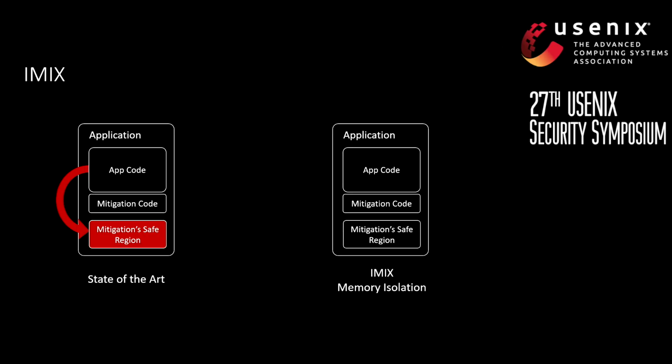However, if an attacker manages to corrupt the app code, for most of the isolation techniques, the attacker is able to attack the mitigation safe region itself. What we want to propose with IMIX is a deterministic isolation primitive that can be used to lay the foundation of really secure mitigations for code.